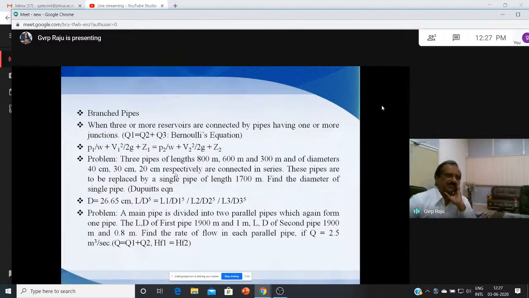Tomorrow we'll be dealing with the objective questions of this chapter and also problems. And if time permits, we'll start the analysis of notches and weirs. Otherwise, we'll take some objective type questions, or better start notches and weirs, and the balance the day after tomorrow, and afterwards the boundary layer and the lift and drag. This is the schedule and the planning of the GATE online classes.